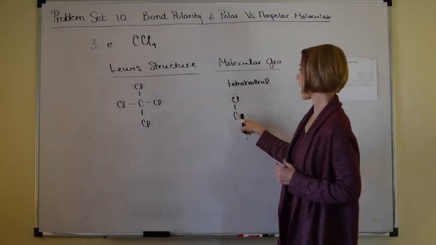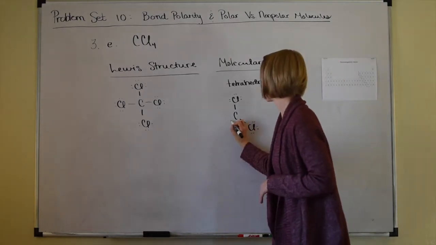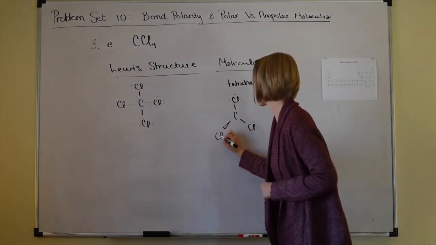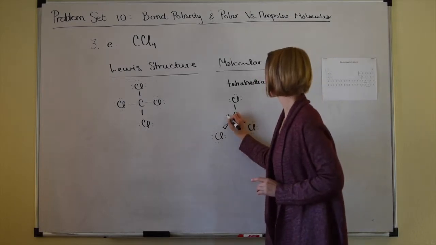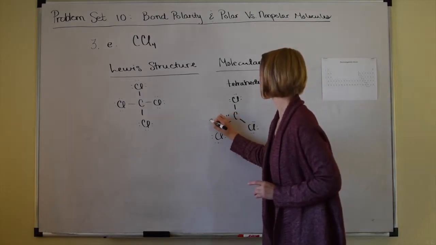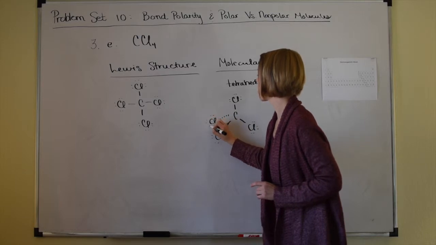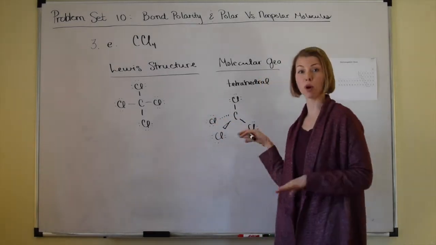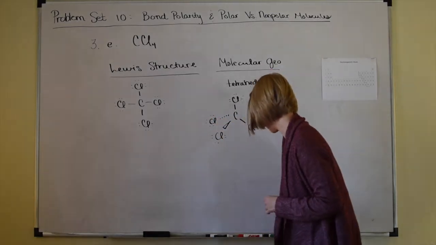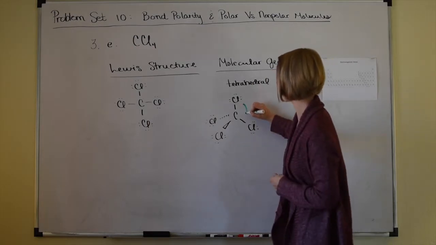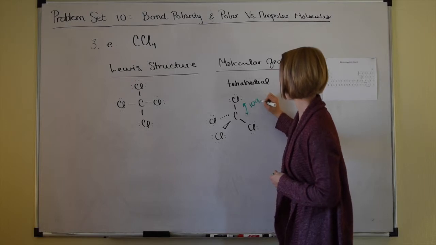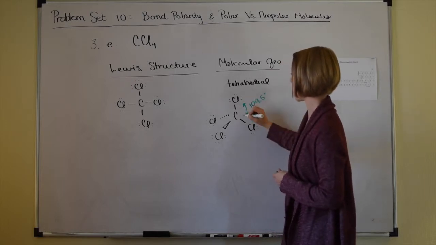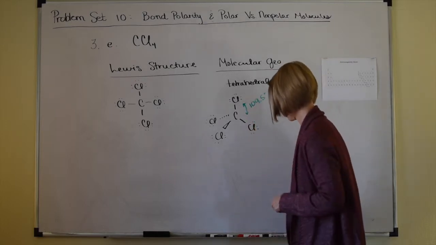with these 3 atoms in the plane of the whiteboard, which means this chlorine is coming out of the plane of the whiteboard toward you, and our final chlorine is going into the plane of the whiteboard, going away from you. So we'll just label this one here, but all of these bonds would be 109.5 degree bond angles.